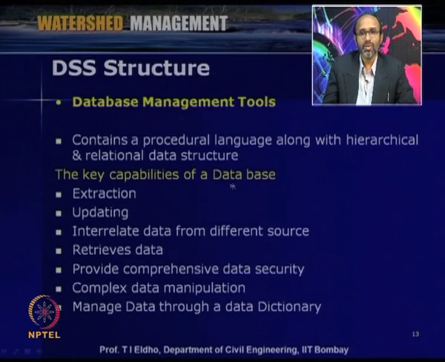The key capabilities of the database subsystem include extraction, updating, interrelating data from different sources, and retrieving the data, providing comprehensive data security, complex data manipulation, and managing the data through a data dictionary. So, these are some of the key capabilities of a database within a DSS.